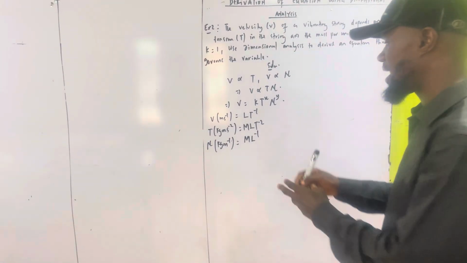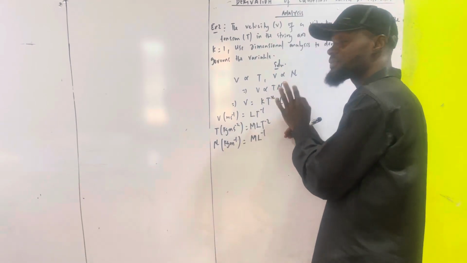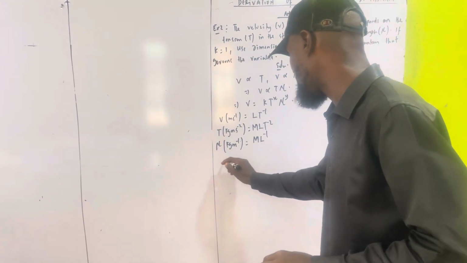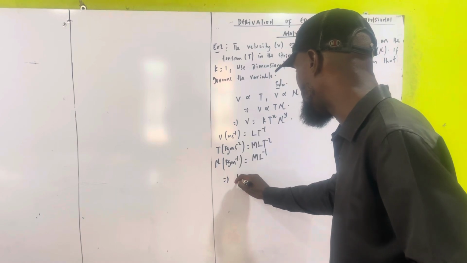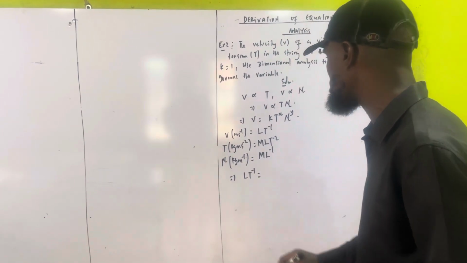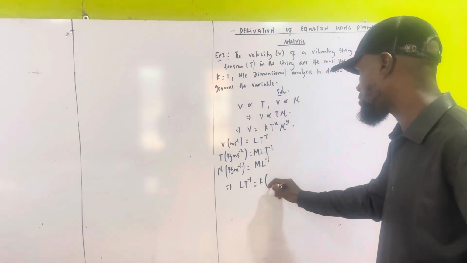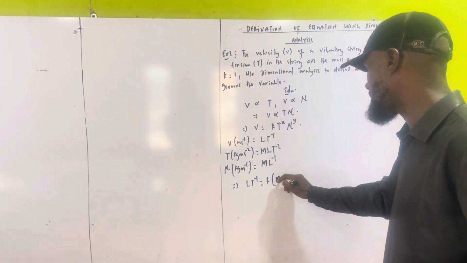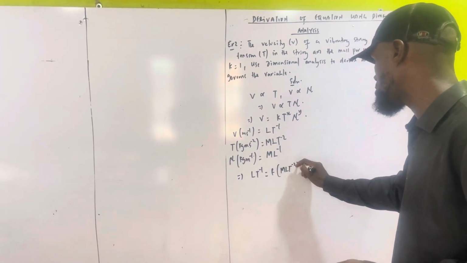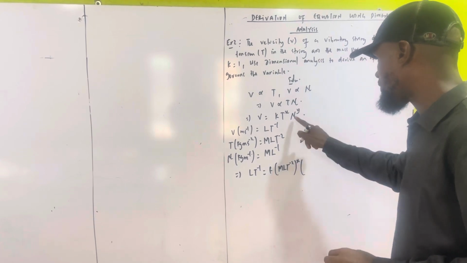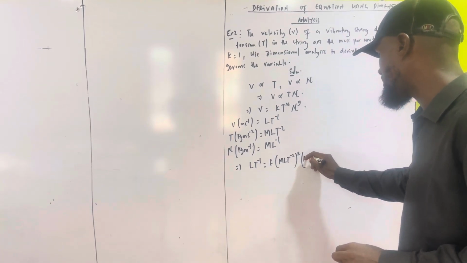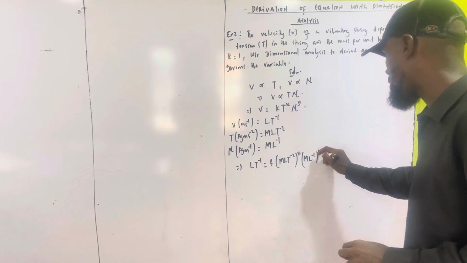We will now use these dimensions to represent each of the physical quantities. For velocity we have LT^-1 equals K into bracket: for tension, (MLT^-2) to power x, for the mass per unit length, (ML^-1) to power y.